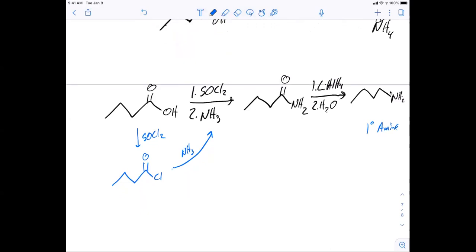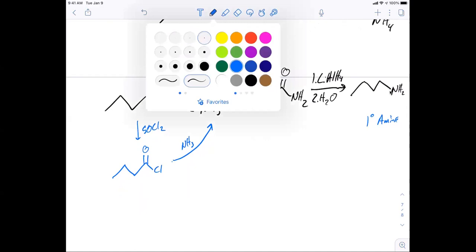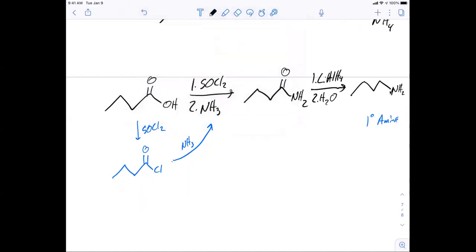If we wanted to make a secondary or tertiary amine, we would need to do that in the conversion in the first step.